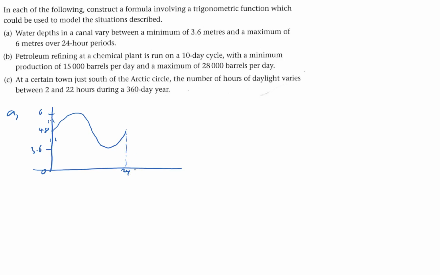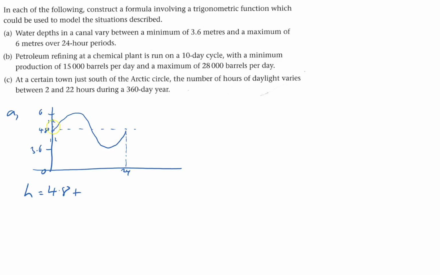So now we've got a picture. We can say the height h equals, and it obviously is going to be something to do with the sine curve as I've got it. I could have started at the top, but I started in the middle. If I started at the top, it would have been cos, but I started at the middle, so it's going to be sine, and we've got to get to there in the first place, so it's going to be 4.8 plus, and the sine, it's not just sine because it's actually been stretched up a little bit, because it's 1.2.